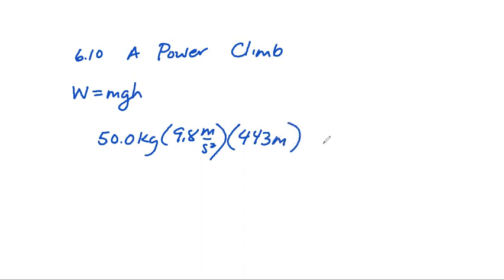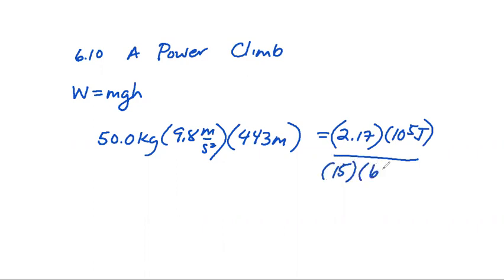And this is going to give us 2.17 times 10 to the 5th joules. And she does this in 15 minutes. So 1 minute is 60 seconds, so 15 times 60. And that's going to give us 241 watts.